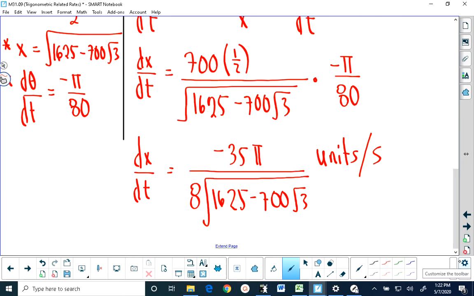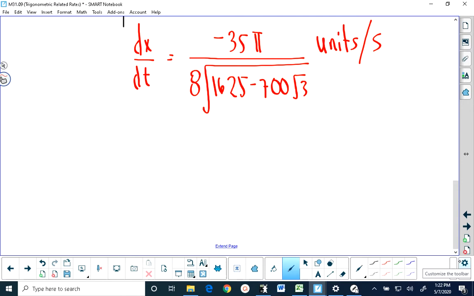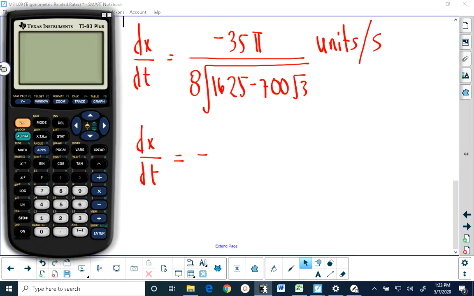Of course, we can always calculate what this number is equal to as a decimal approximation to get some kind of a handle on it. I would probably calculate what's underneath the square root sign first and go from there.